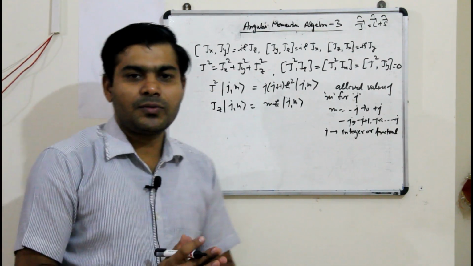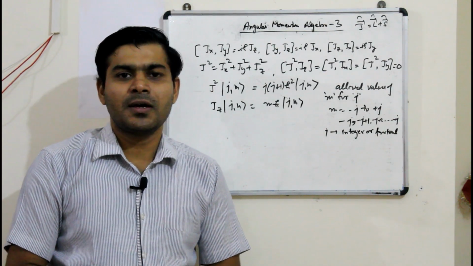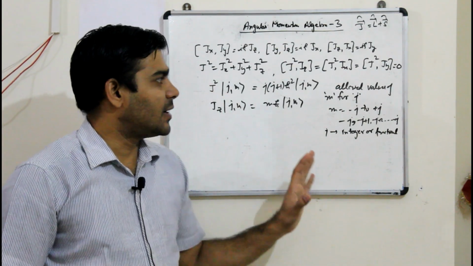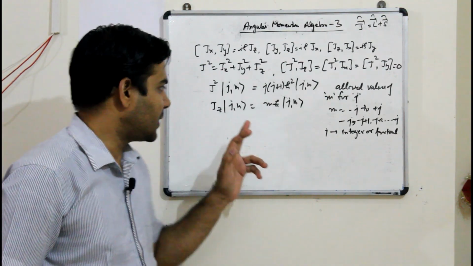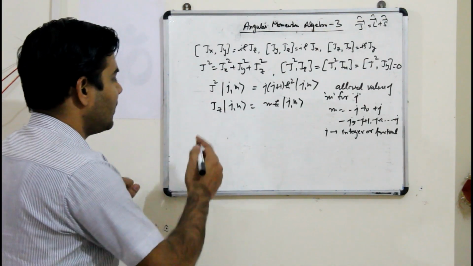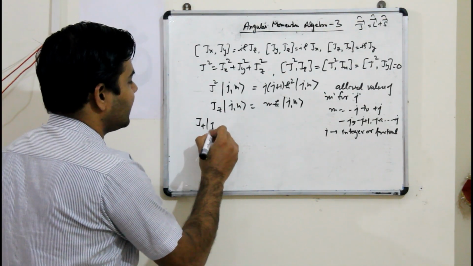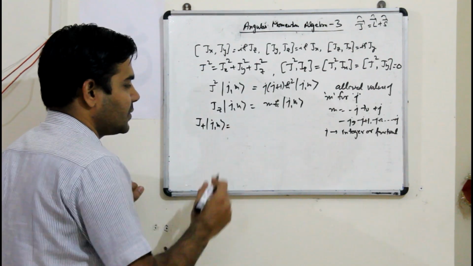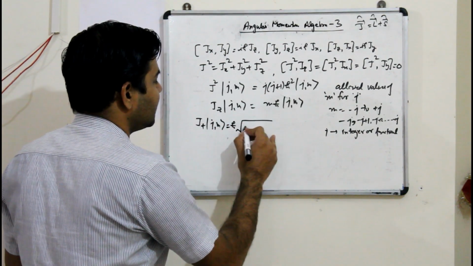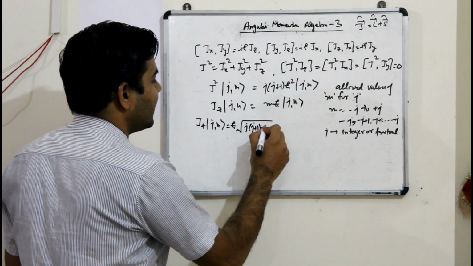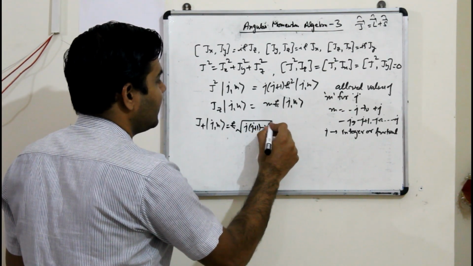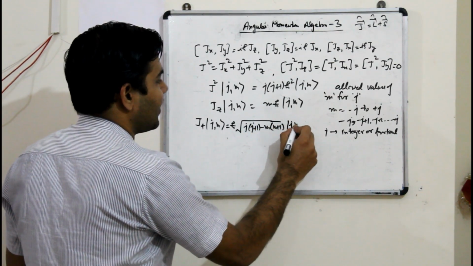So what we are going to learn today: so far we have seen the action of different operators on this particular state. For example, we also saw the action of J plus on |j, m>, which was ħ under the root j into j plus 1 minus m into m plus 1, |j, m+1>.